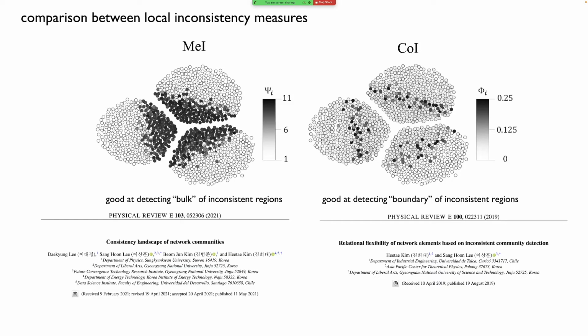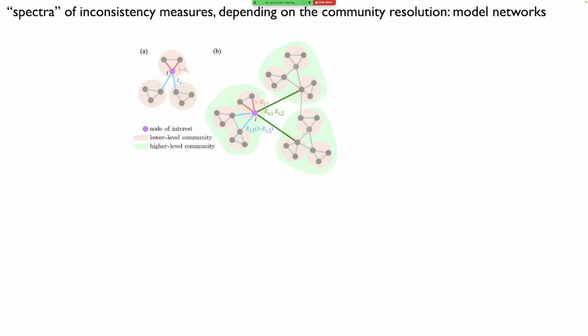But in this case, I show this three-community case, so different local inconsistency measures deal with the situation differently.